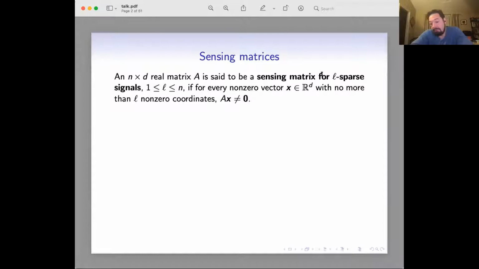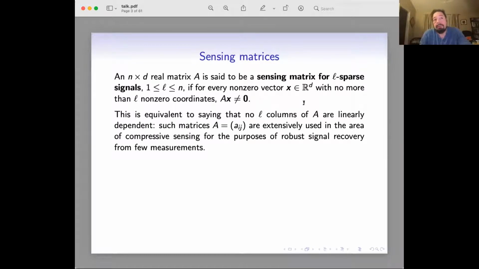So first I want to introduce the notion of a sensing matrix. An n by d real matrix, where n is usually the smaller of the two dimensions, is said to be a sensing matrix for L-sparse signals or L-sparse vectors, where L is between 1 and n, if for every non-zero vector with no more than L non-zero coordinates, the image under A is not a zero vector.